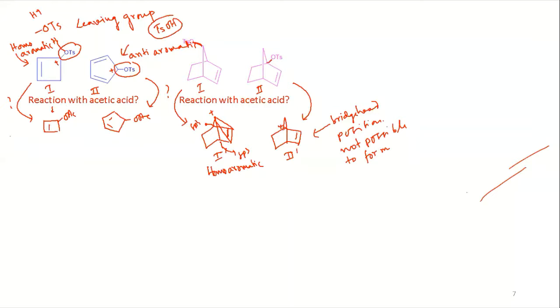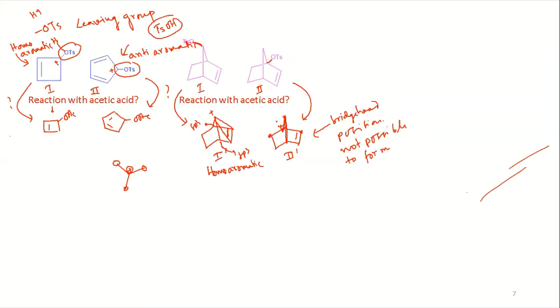So this is the center. If you are generating a cation here, this center, this center, this center have to be on the plane, right? So when you are generating a cation at this center, this has to be on the same plane. But here it is a kind of bridge, so it will be like this way.